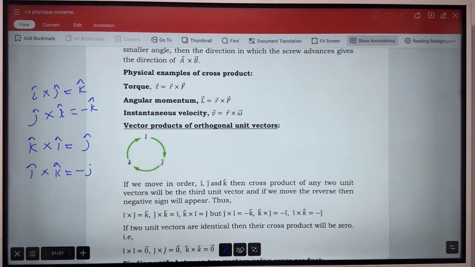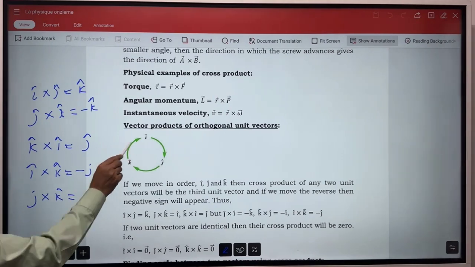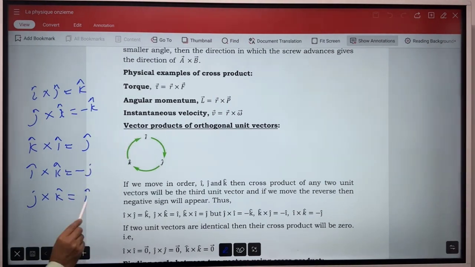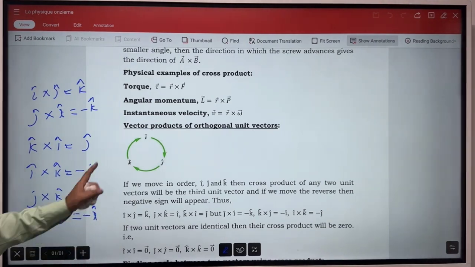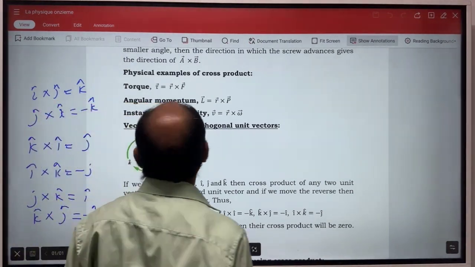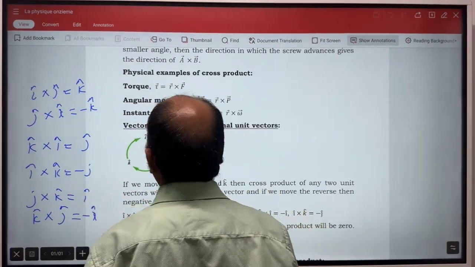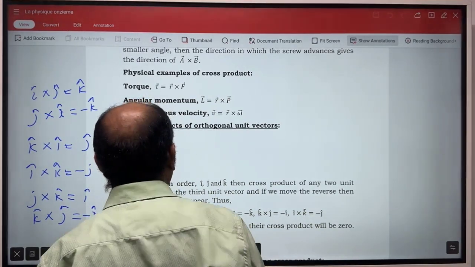If you move from j to k, j cap cross k cap, you will get the next vector i cap. But if you move against the arrow, that is k cap cross j cap, you will get minus i cap. So this diagram shows how to get the next vector by doing cross product.